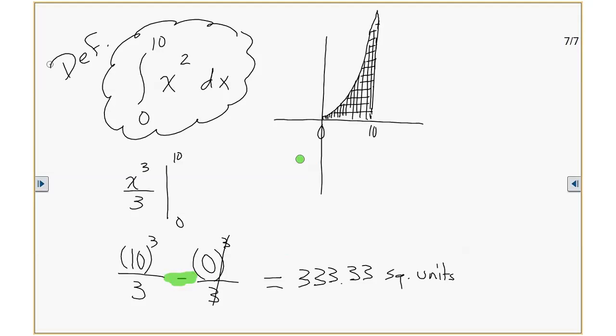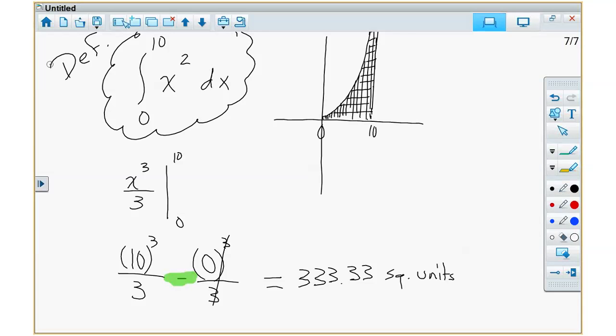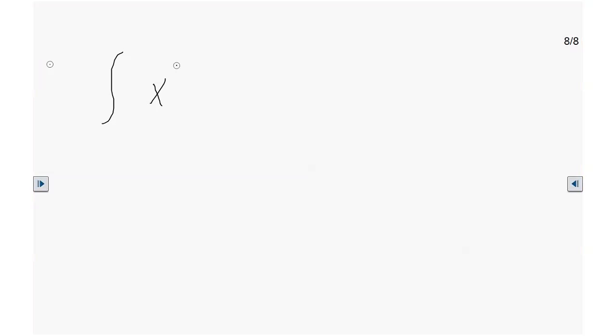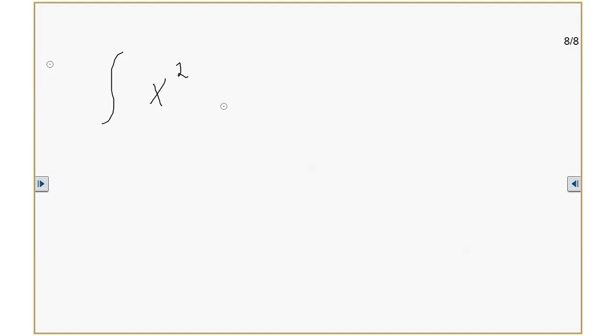All right, so let's try another. Antiderivative. I'm going to do x squared again, dx.